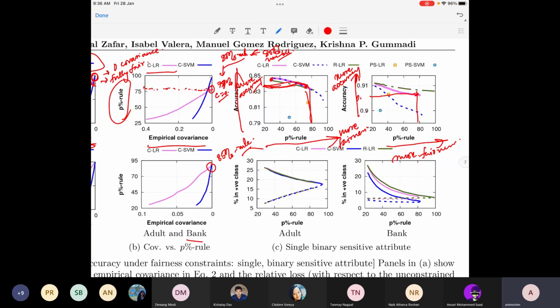It should be somewhere around 0.906 or something, I guess. So you are able to maintain a decent accuracy with a good gain in the fairness value, if you wish to keep the 80% rule. Okay, so that proves the efficacy of the models developed by the authors in removing the unfair consequences of unconstrained classifiers.